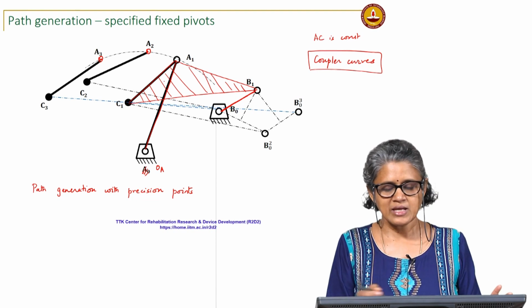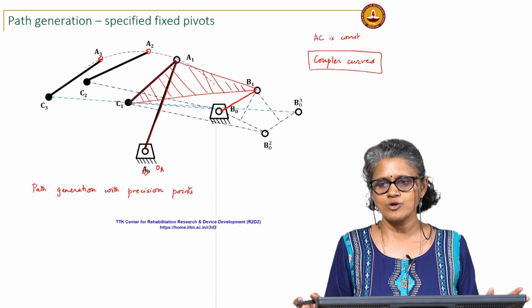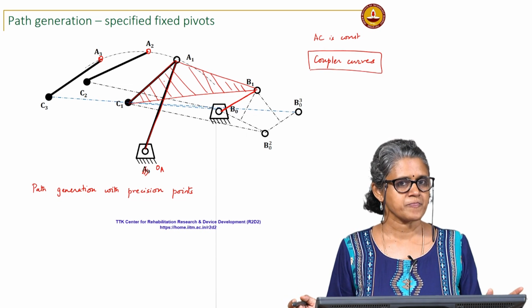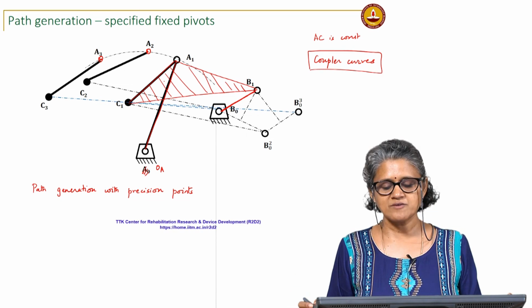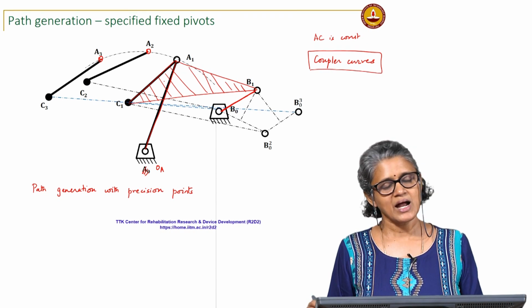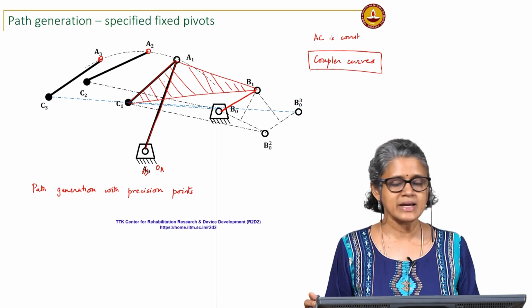Points on the crank or the follower are pretty boring, all of them trace circular paths. But the curves generated by the coupler can have very interesting characteristics, and we will actually spend quite a bit of time on that later.